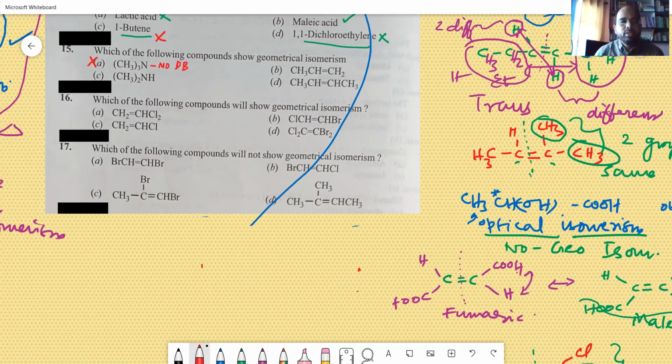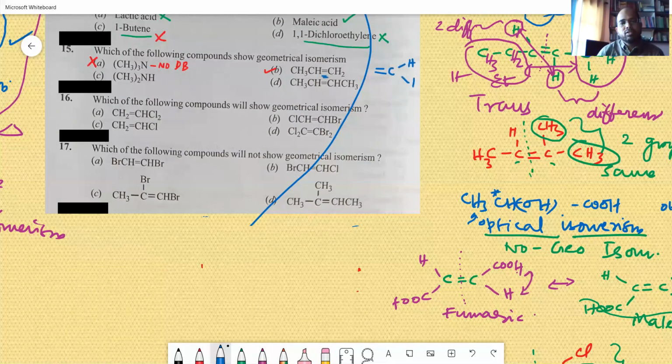And then you come to B. When you come to B, you have got CH3, CH double bond CH2. So you have a double bond there. I am putting this double bond here, and here you have CH and HCH2. You can see that these two hydrogen groups are on the same side of the double bond. Okay.